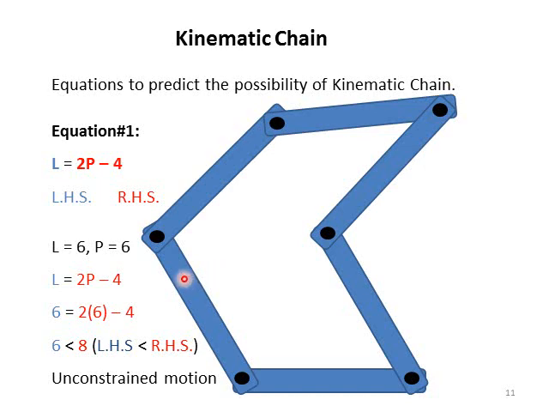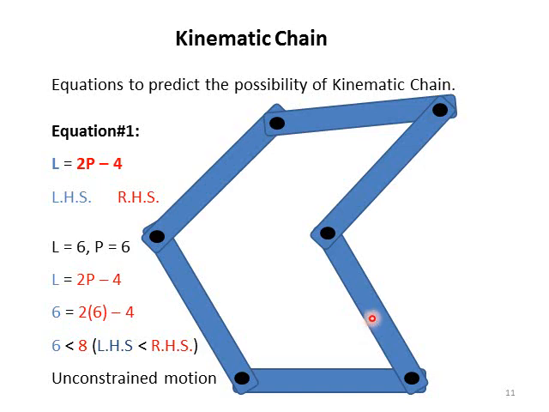Let's count the number of kinematic pairs. The first pair is between link 1 and link 2. The second pair is between link 2 and link 3. The third pair is between 3 and 4. The fourth pair is between 4 and 5.